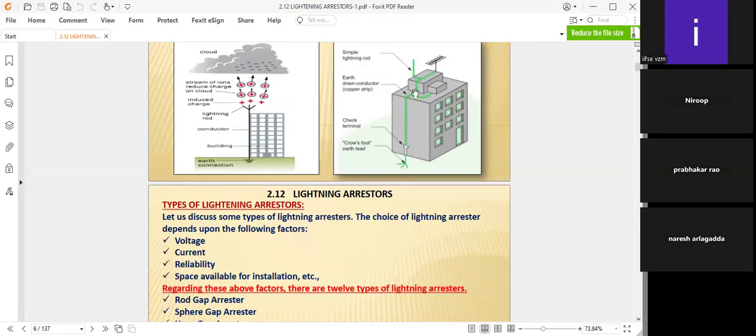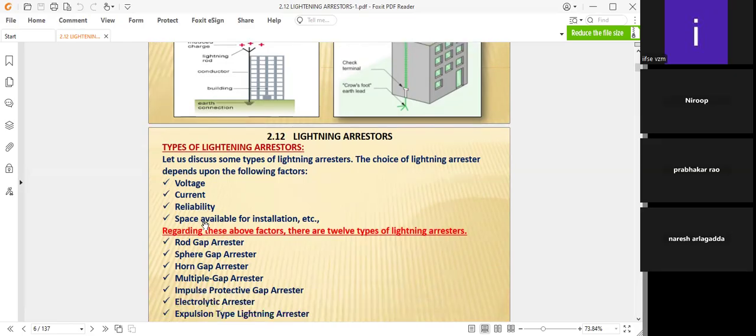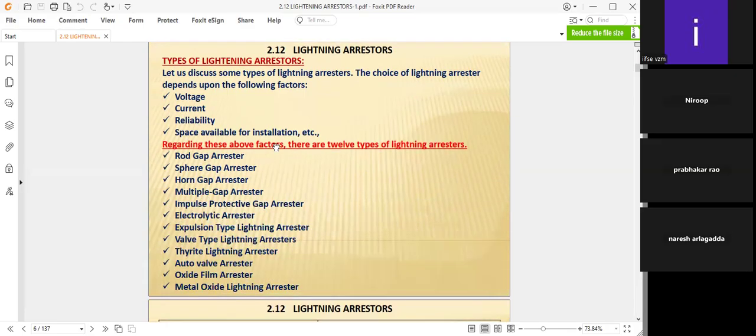We have to see the space also. These four factors decide which type of lightning arrester and which material we have to select.